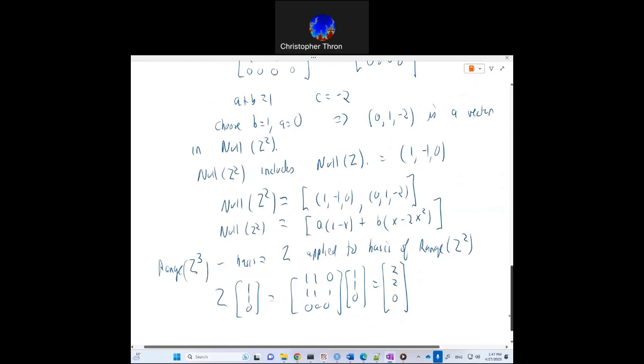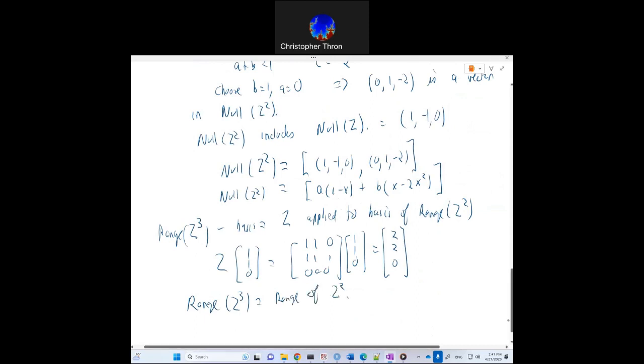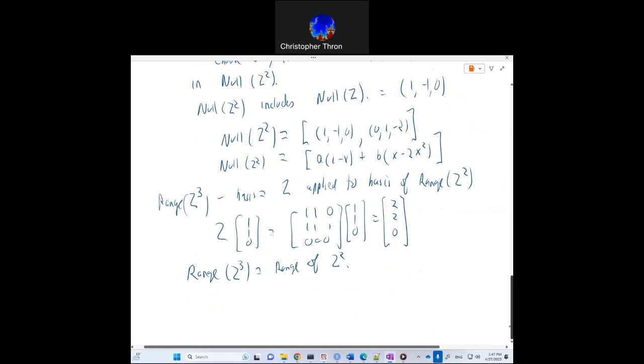So that means that the range of z cubed is equal to the range of z squared. Now, if the range is the same, then the null space is also going to be the same. That implies that the null space of z cubed must be equal to the null space of z squared.